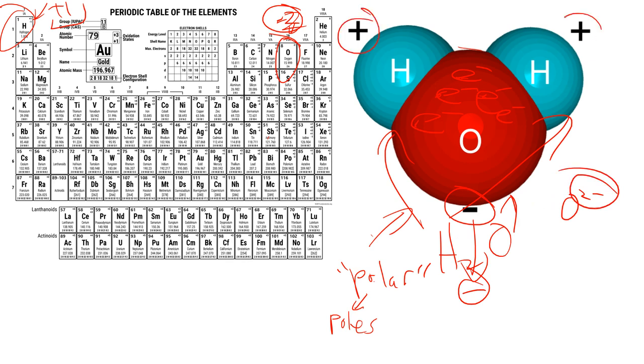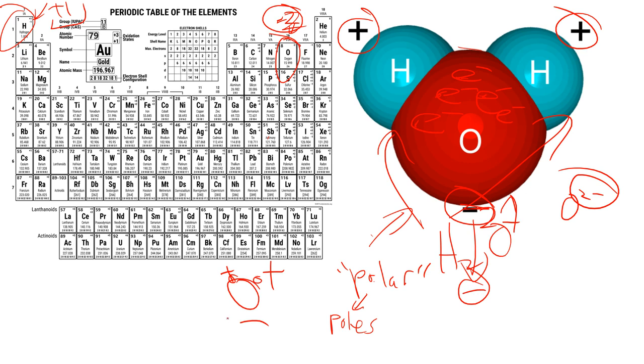Whereas the hydrogen atoms tend to be more positive, right? Usually, you just write it as minus and plus, not a 2-, because these are not full charges. But just know when you draw a water molecule, the oxygen side tends to be negative and the hydrogen side tends to be positive, because the electrons tend to be attracted to the oxygen nucleus more than the hydrogen nucleus. Because of that, the hydrogen nucleus tends to have fewer electrons, so it has less negative charge, therefore more positive charge.